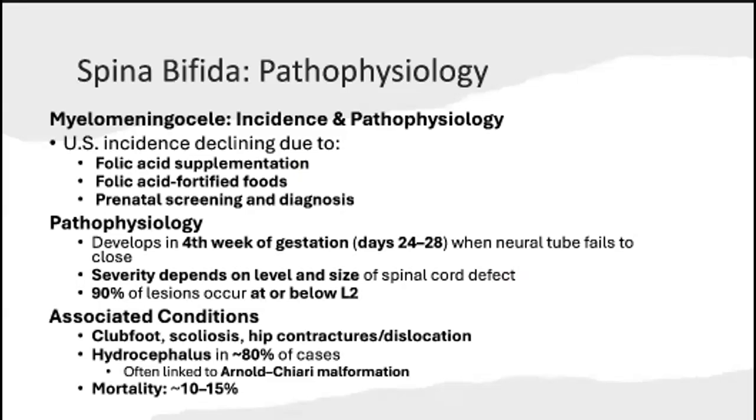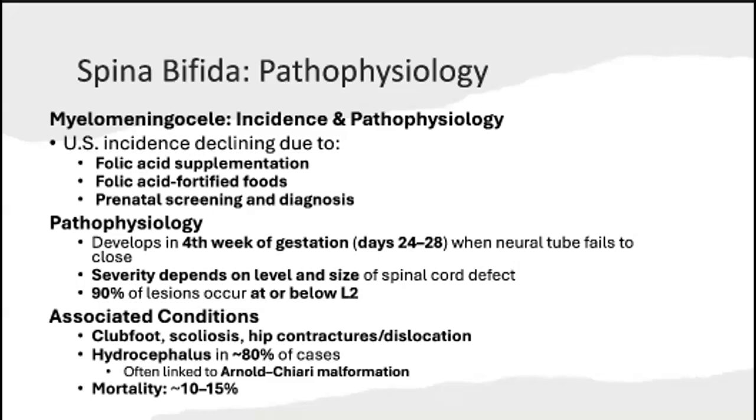But if it's going to develop, it usually develops during the fourth week of gestation, where the neural tube fails to close properly. Severity again depends on the level of the spinal cord involvement, as well as the size of the defect. 90% of lesions occur at or below L2, lumbar 2.